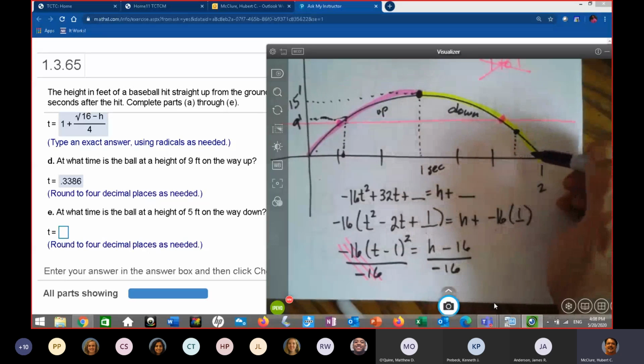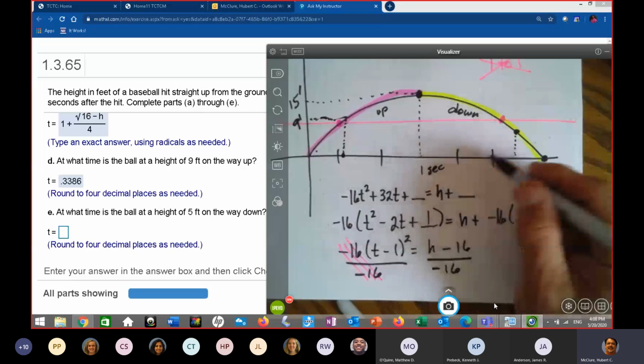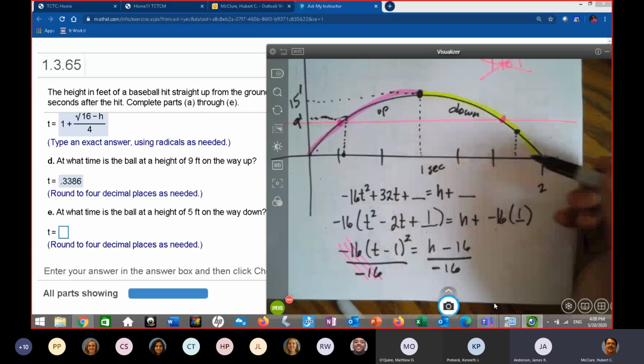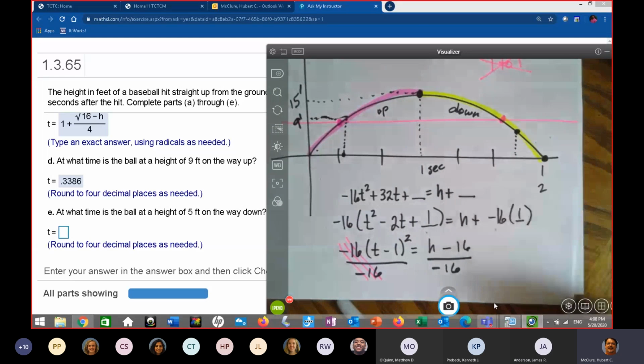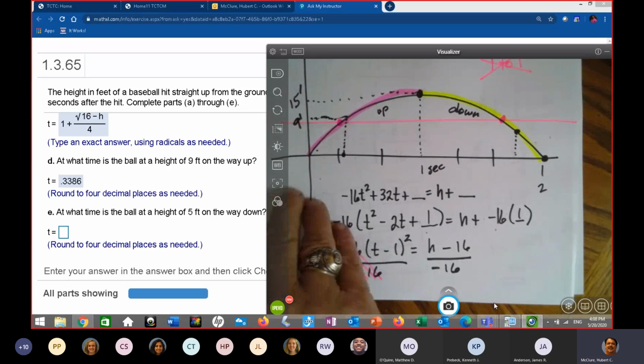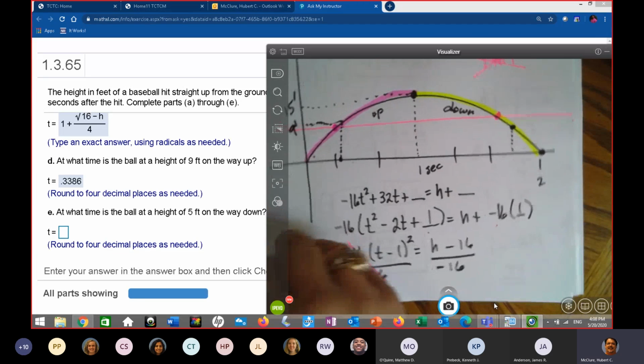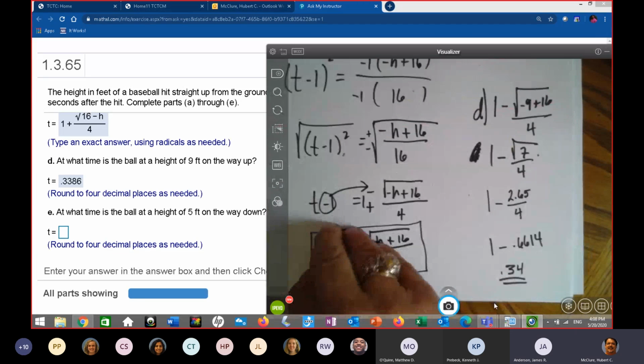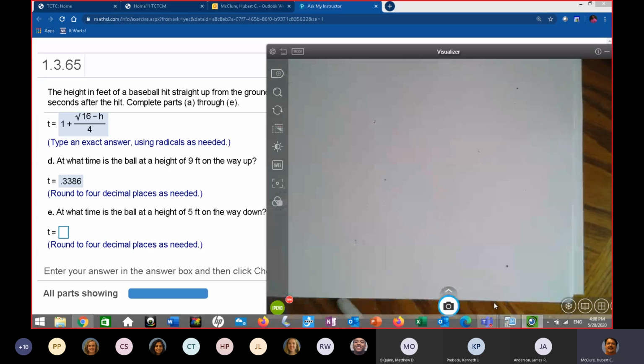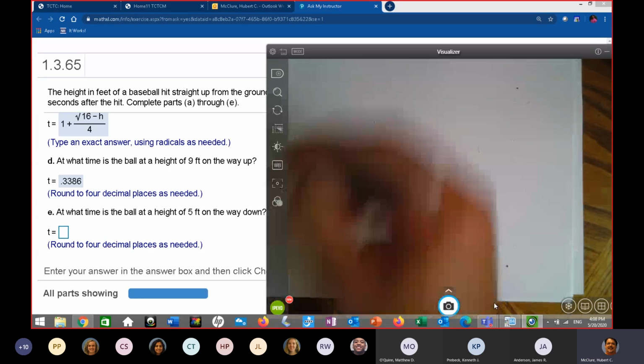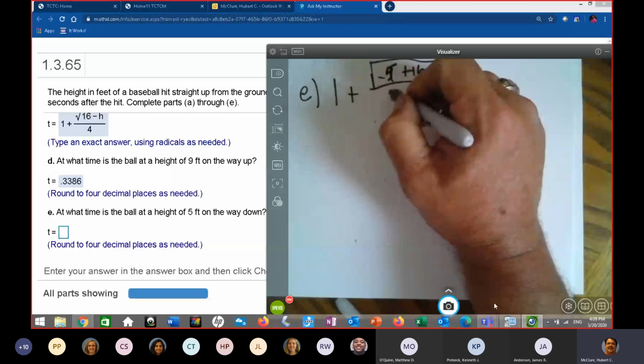All right, so somebody plug 5 in, and I'll do that while you're doing it. I'm going to fill it in so that way you can have it on the recording. So E is going to be 1 plus the square root of negative 5 plus 16 over 4.